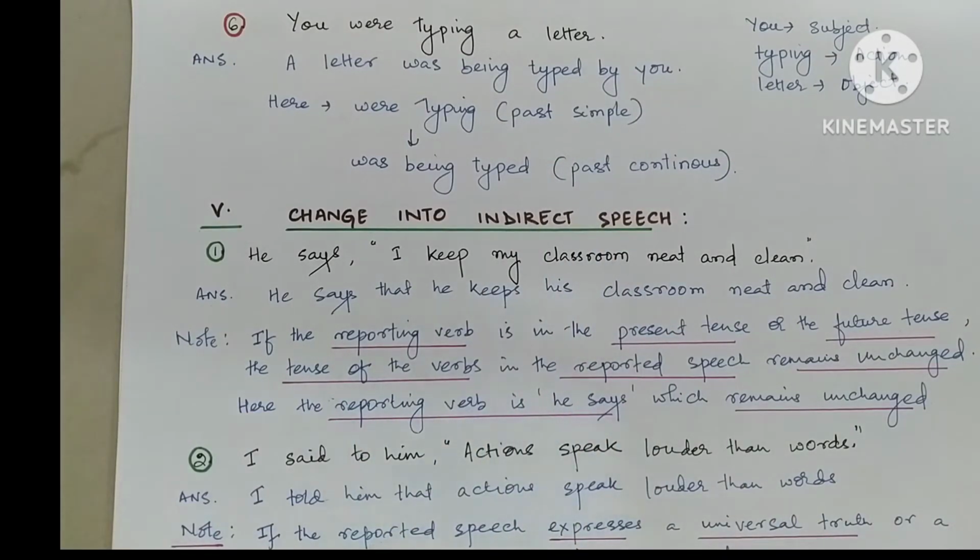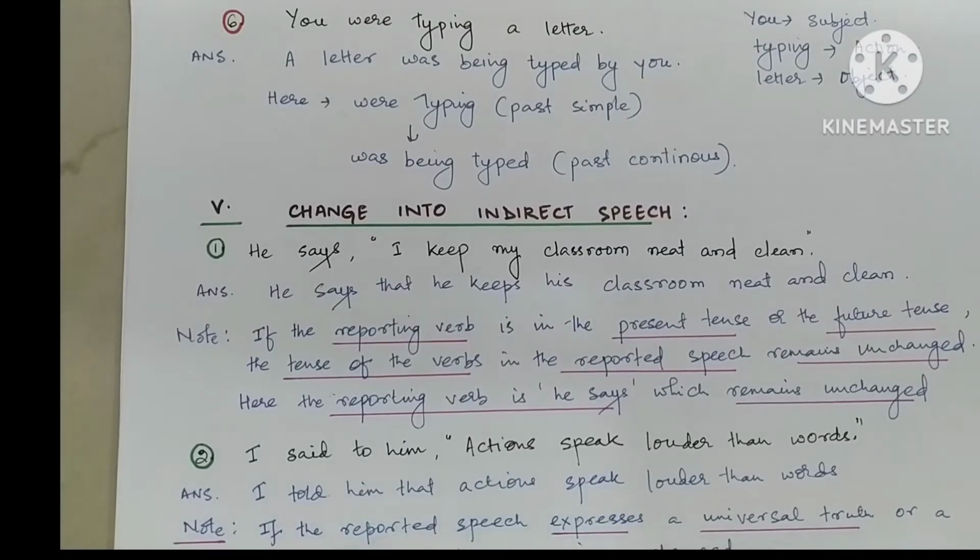Now change into indirect speech. Now this is very important, children. Number 1, he says, within apostrophe marks, "I keep my classroom neat and clean." The answer will be: he says that he keeps his classroom neat and clean.